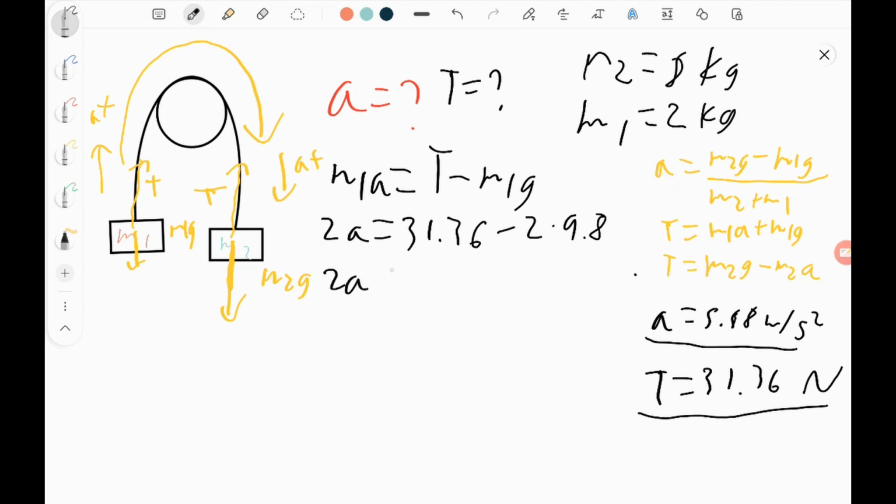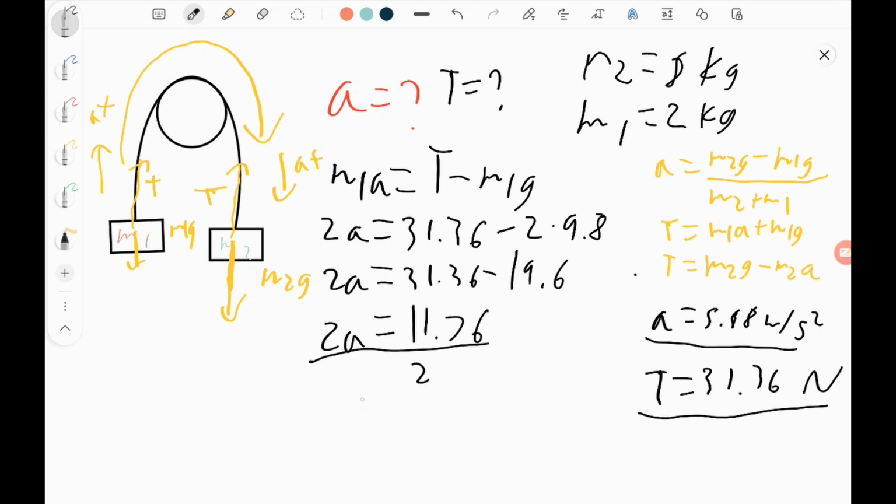So that means 2A is equal to 31.36 minus 19.6, which gives us 2A is equal to 11.76, and we divide by 2 on both sides, and it gives us an acceleration of 5.88 meters per second squared in the positive direction.